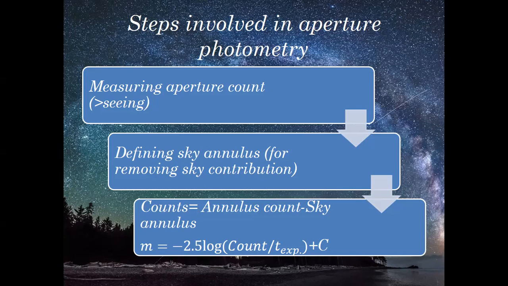So first you take the counts of your object, and you subtract the contribution from it, the amount of pixels which are additionally added by the sky noise. Once you find the count, that is aperture count minus the sky annulus count, then you can calculate magnitude easily using the formula, which is minus 2.5 times log of the pixel count corrected for the sky contribution, divided by the exposure time.